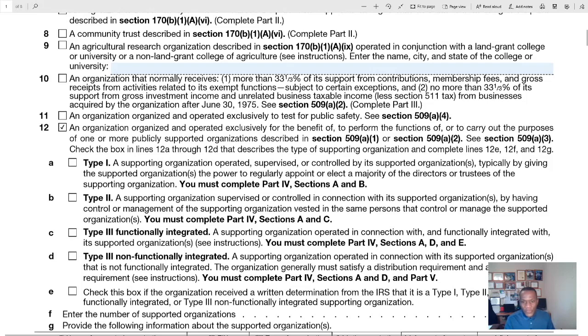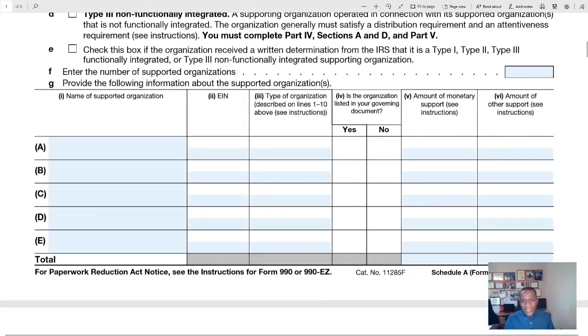Type 2 and so forth. Type 3: you have two different Type 3s, one that is functionally integrated and one that is non-functionally integrated, and the description thereof. Then you must provide the following information about the supported organization: the name of the supported organization, its EIN, the type of organization described in Sections 1 through 10 above, whether it is listed in your governing document, yes or no, the amount of monetary support, and the amount of other support you received, and so forth.